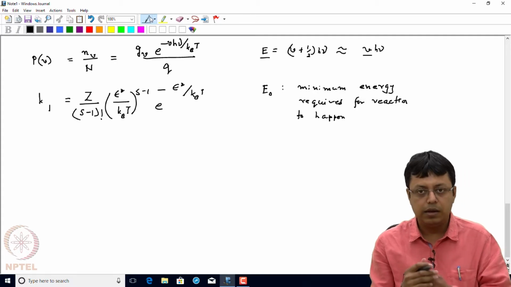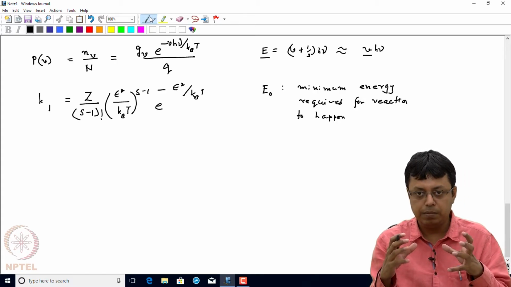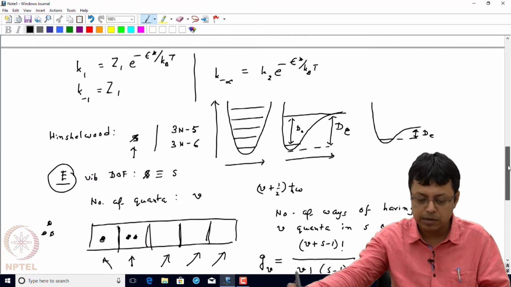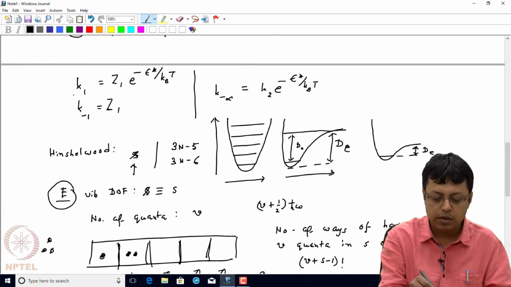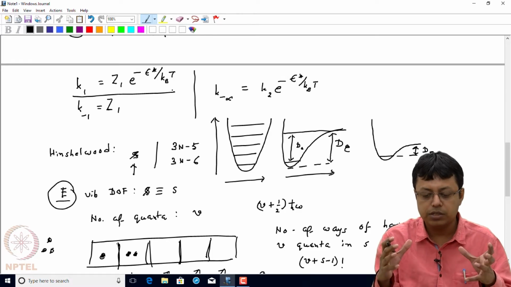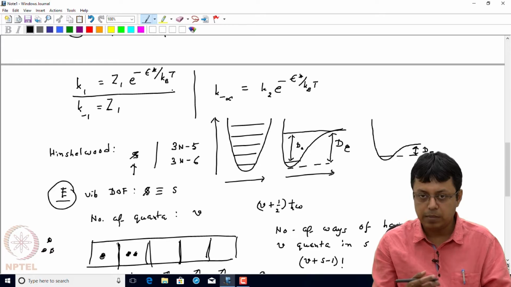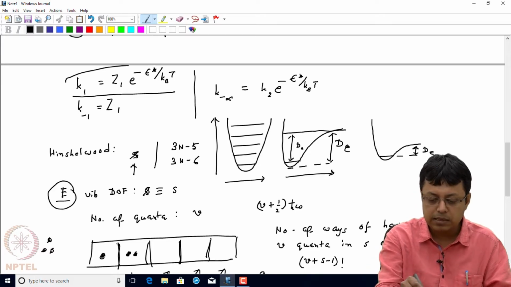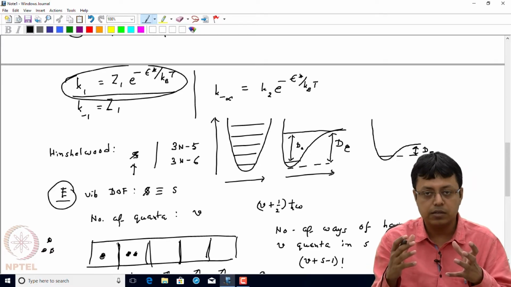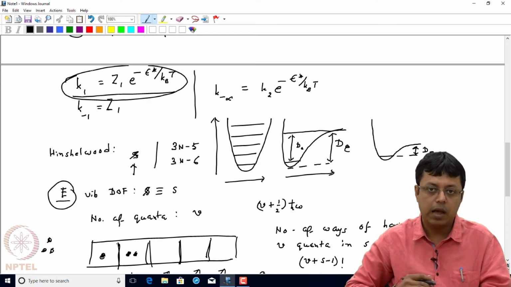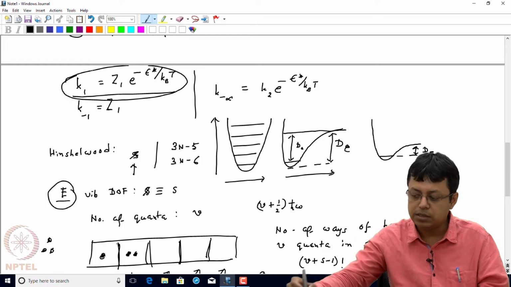We made two levels of theories. One, the simple primitive thing: K1 is nothing but the number of collisions Z1 times e to the power minus epsilon star by kBT, but that only takes into account the external degrees of freedom, how many collisions there are, and what fraction goes above this threshold energy, E star.